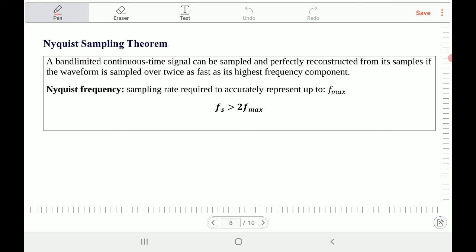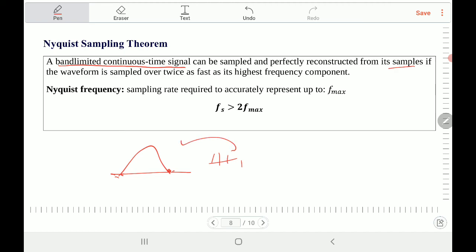Call it Nyquist sampling theorem, or sometimes you call it Shannon. So it says that a band limited continuous time signal, and I'll explain that, means that it's limited by the maximum frequency, doesn't go ever to infinity, can be sampled and perfectly reconstructed from its samples. You can sample it and then you go back again.